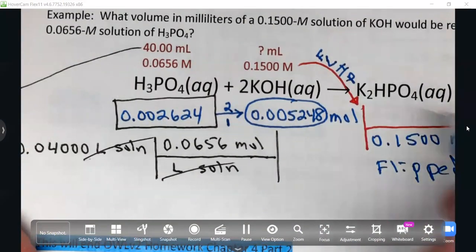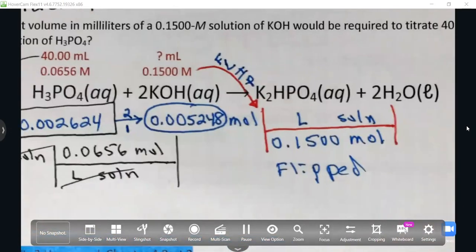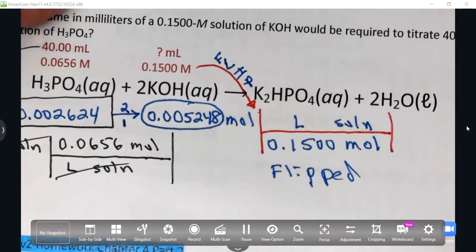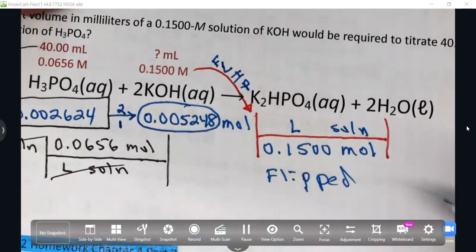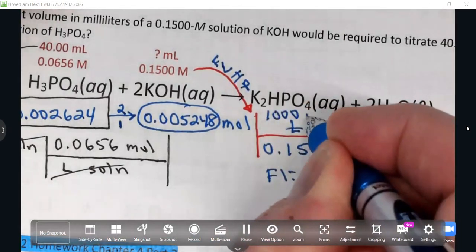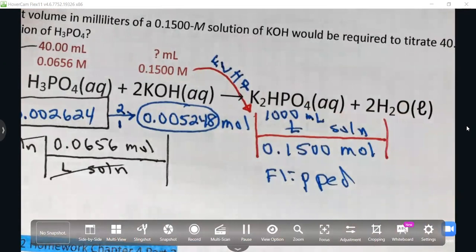So this is 0.1500 mole down here then. Liter of solution up here. And a liter of solution, let's just change that to 1,000 milliliters.